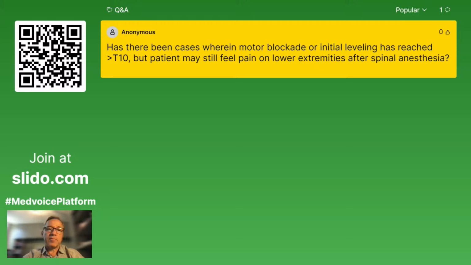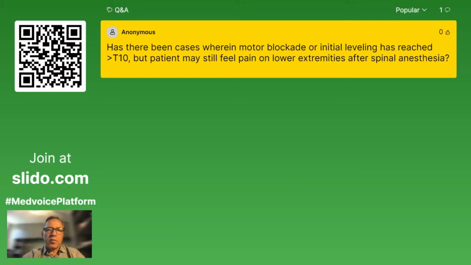But the lower extremities for abdominal surgery is not a problem. It's the S segments, the perineum, that will not be blocked, and that might be a problem, for example, for cesarean section. But it really depends what sort of operation you're doing. But yes, you're right.